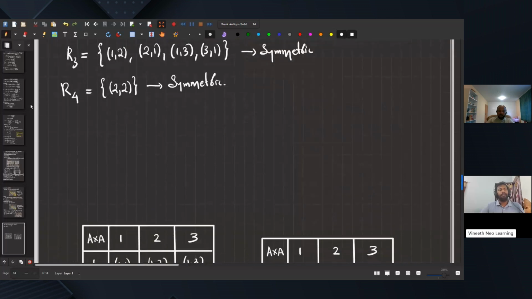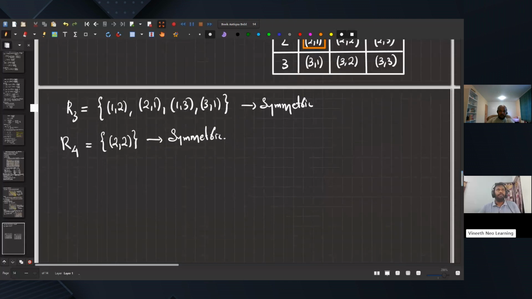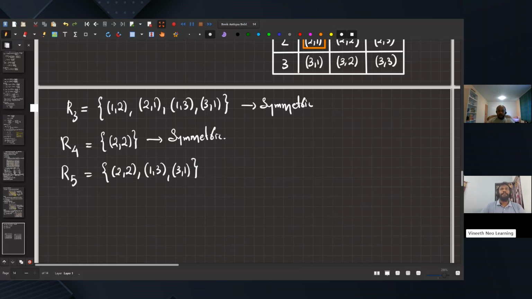Let's move on to our next one. Let me give you one more example: (2,2), (1,3), and (3,1). Is it symmetric? Yes. Why?